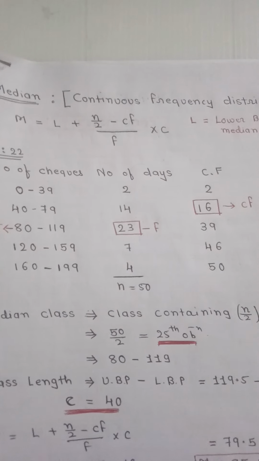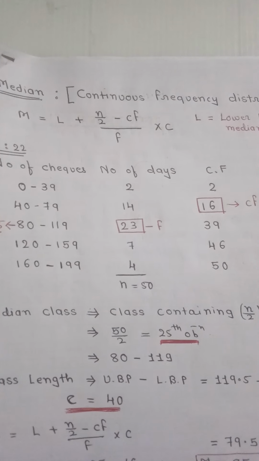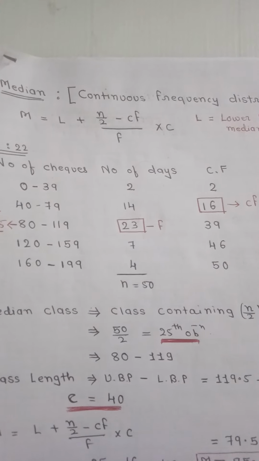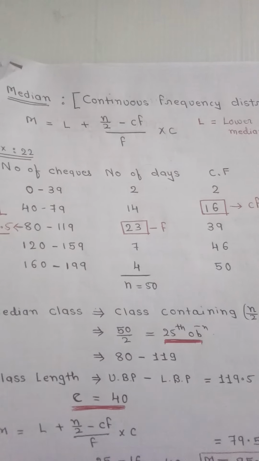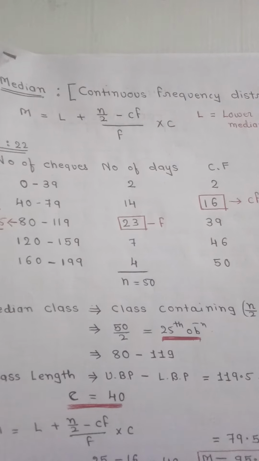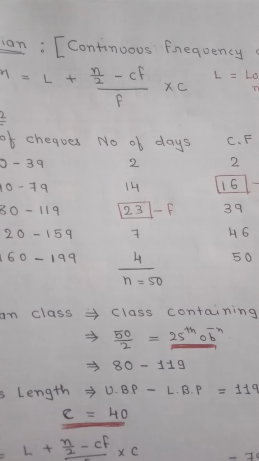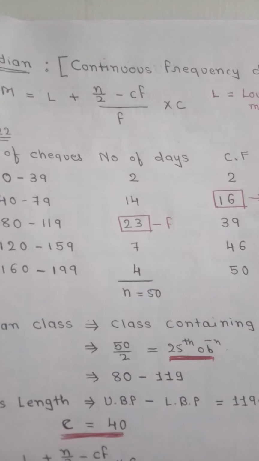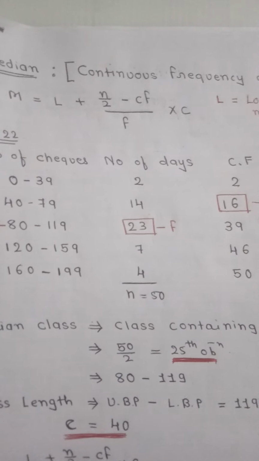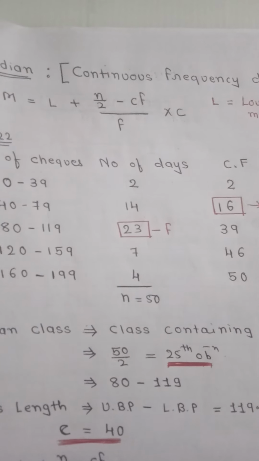Now what is the median class? The median class is the class which contains the N/2th observation. CF is the cumulative frequency previous to the median class. F is the frequency of the median class, and C is the class length.